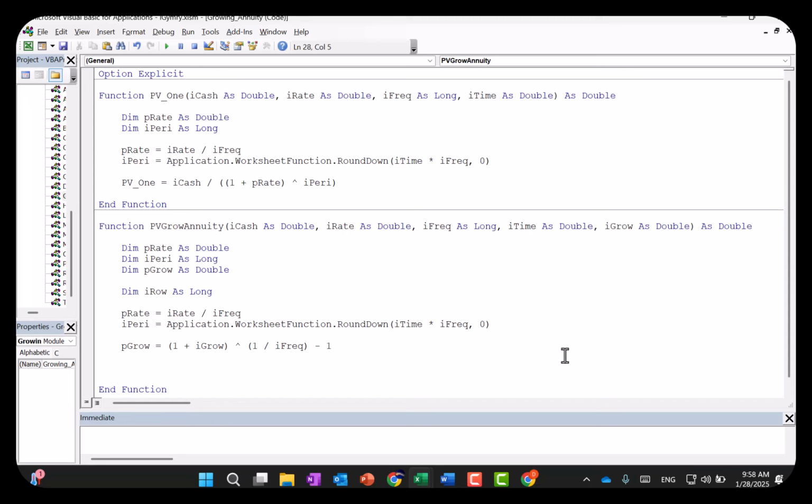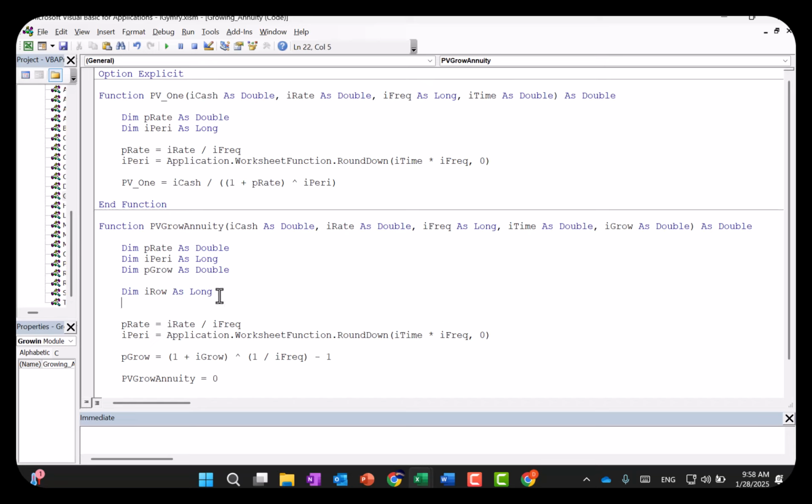All right, let's initialize some stuff. PV grow annuity equals 0, because I'm going to keep adding stuff to that. And let's do one more local variable, dim pcache as double.